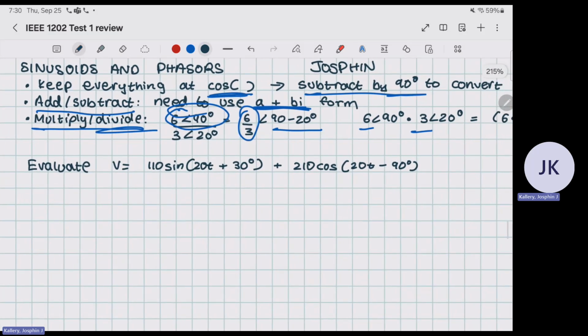So here we have an example of a problem you might see often. The first thing we notice, we have a sine here. We want to convert it to cosine. So we can do it by taking the angle, which is 30 degrees, and then we subtract 90.